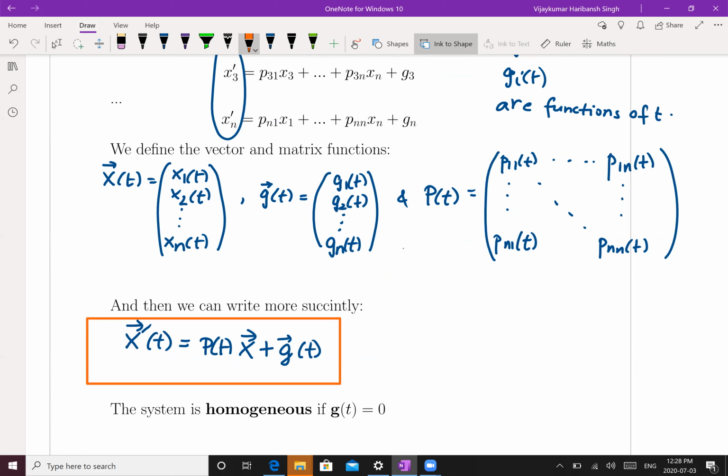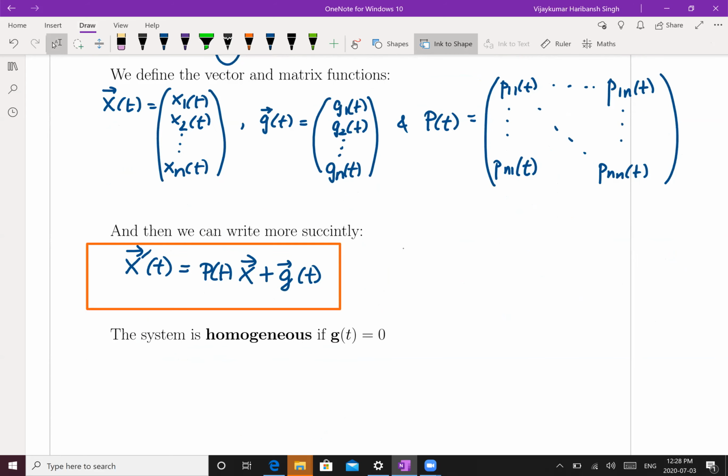Now note that this system is called homogeneous if g of t is what? 0. So here g is written in bold. If you want to write it by hand, put an arrow on top of it to indicate that it's a vector. In that case, it is given as x prime equals P of t times x.